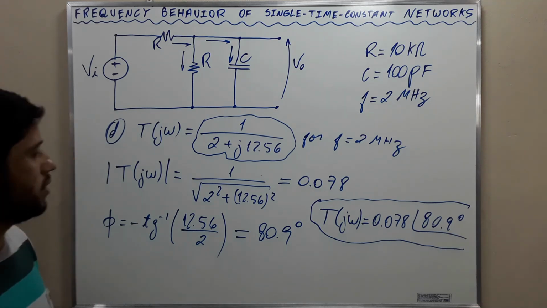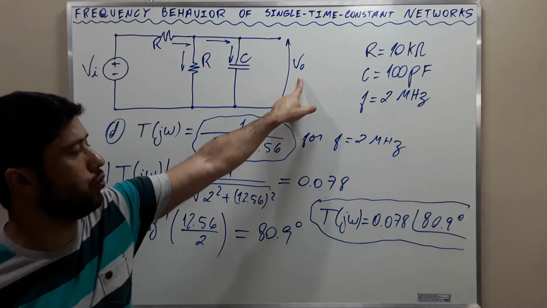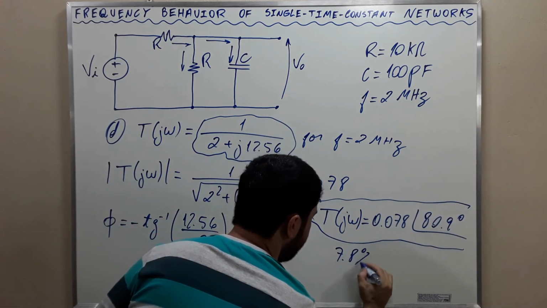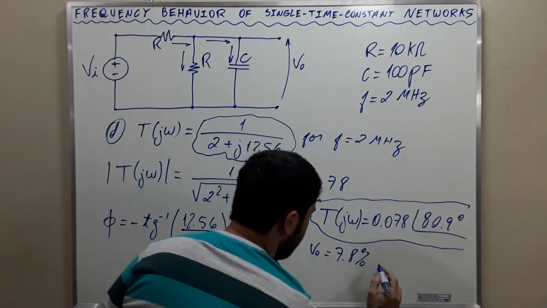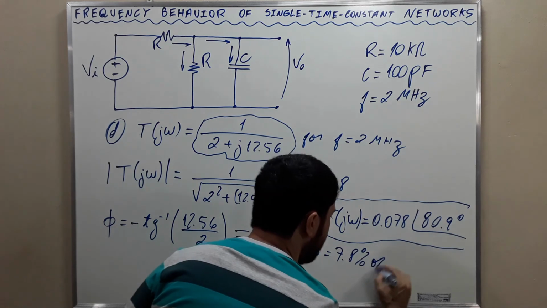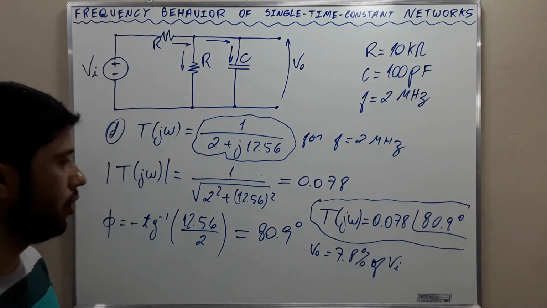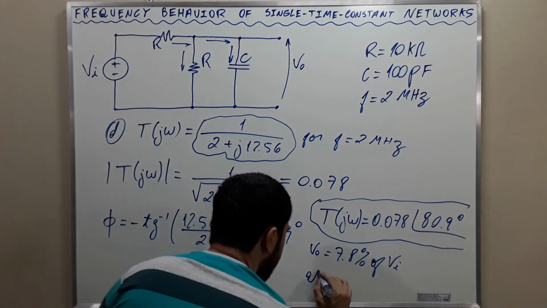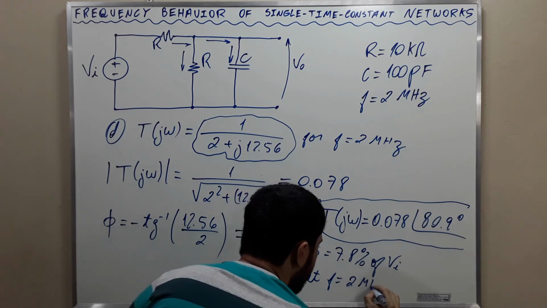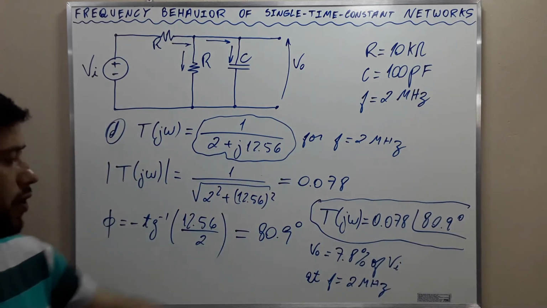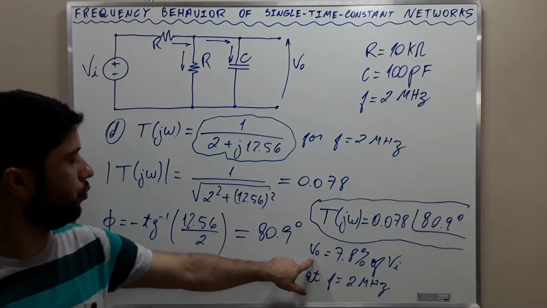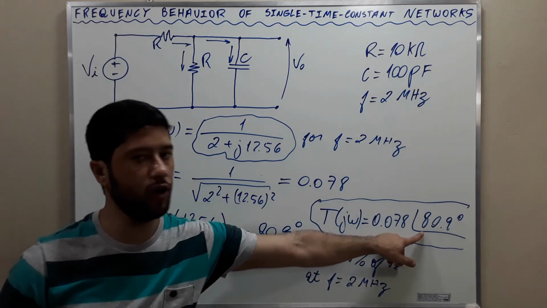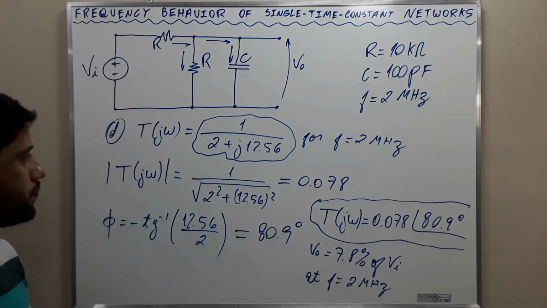It means that V0 is 7.8% of VI with a phase shift of 80.9 degrees at the frequency of 2 megahertz.